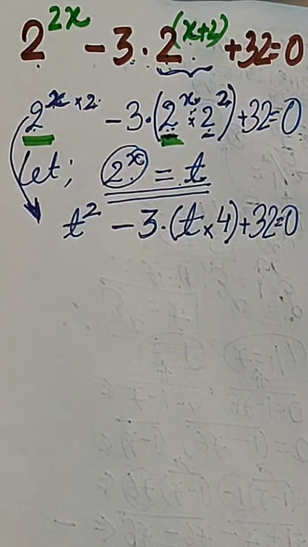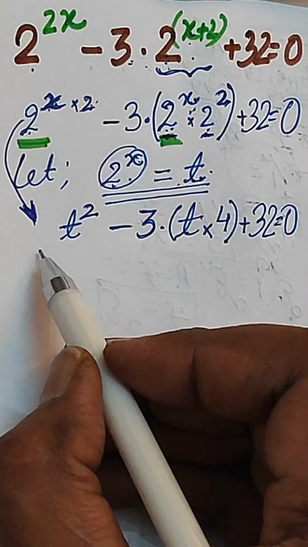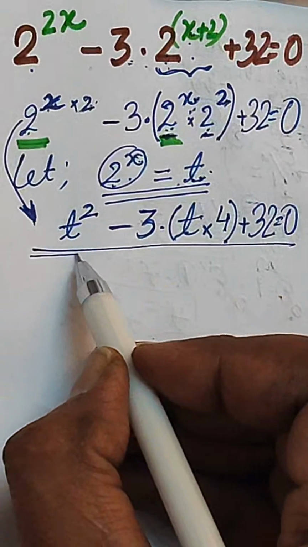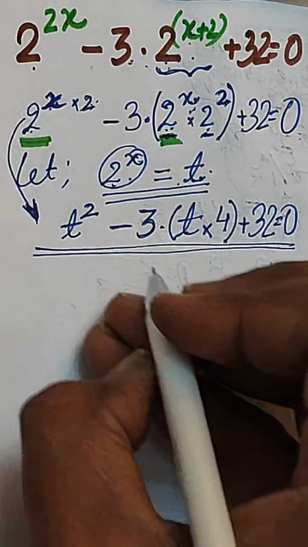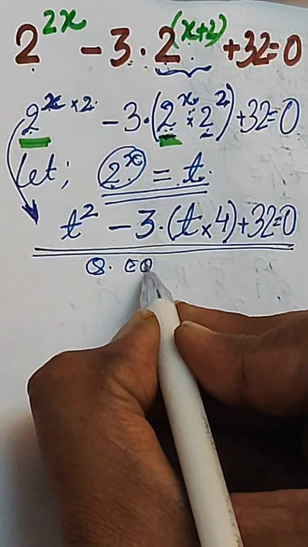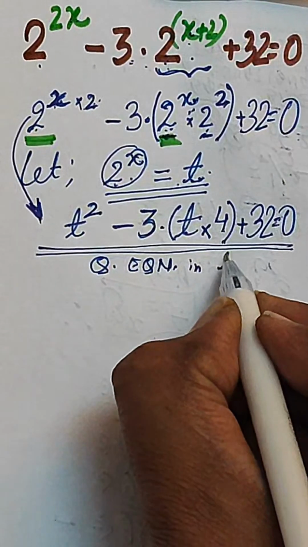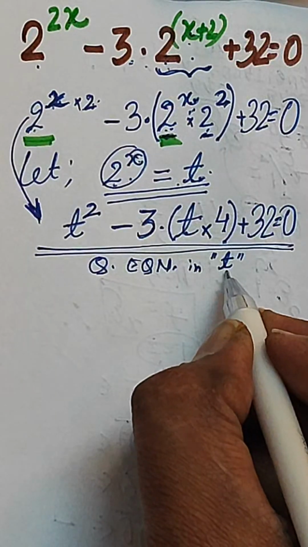Now we can easily solve it, because we have assumed 2 power x equal to t. Now this is a simple quadratic equation in the form of t. As this is a quadratic equation in the variable t, let us solve it and find the value of t.